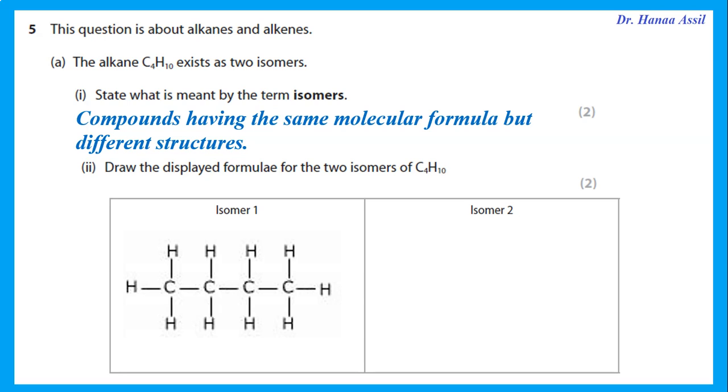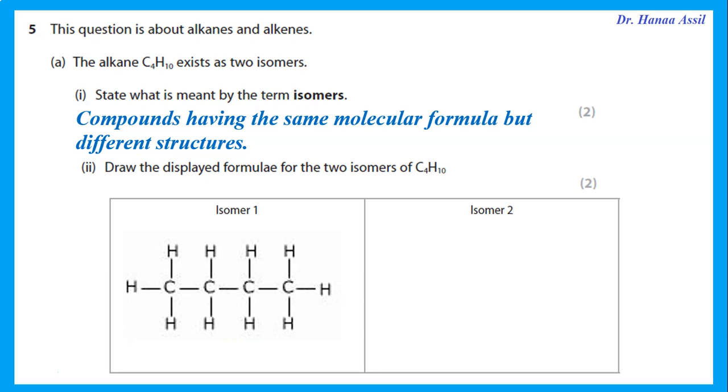So how do I draw them? I can draw once all the 4 carbons after each other in a straight chain, and of course each carbon must have a total of 4 bonds. So we complete them with hydrogens. Please do not forget to write the hydrogens. What would be the isomer? How can I draw this in a different way?